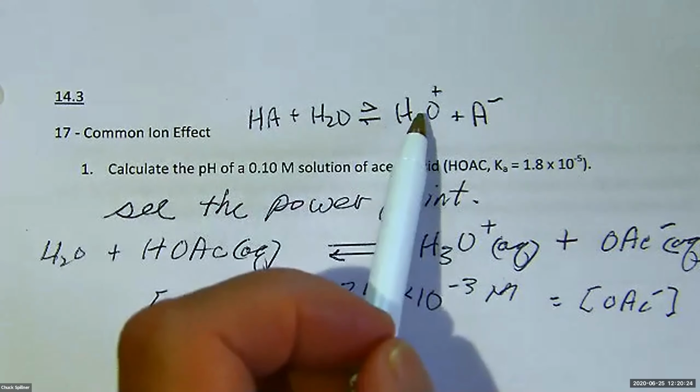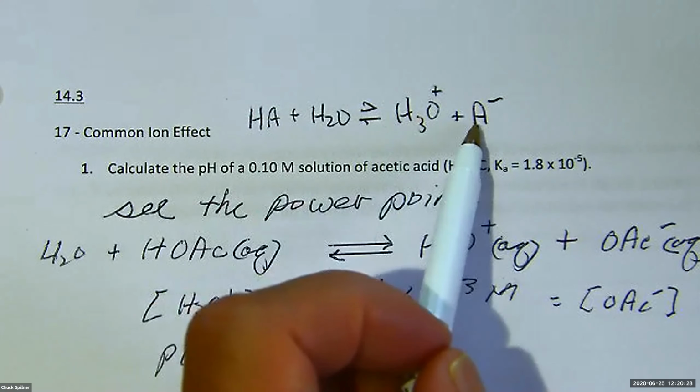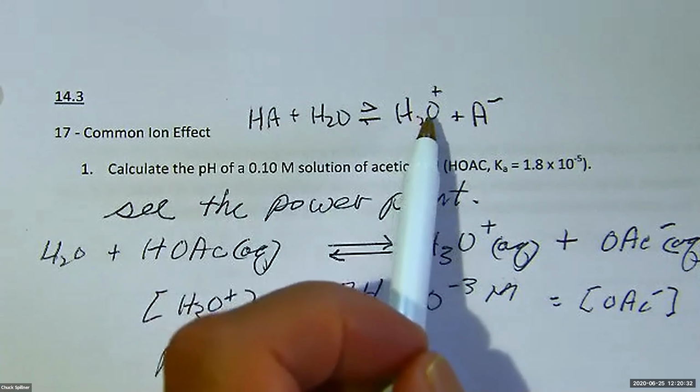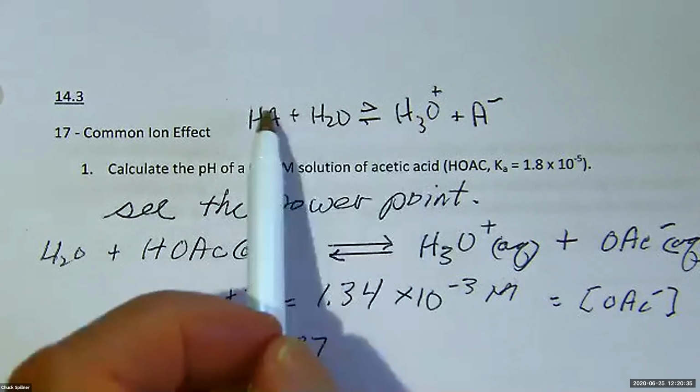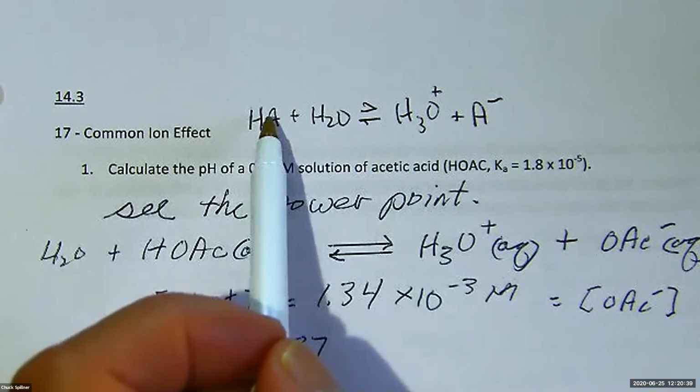So if we add a little acid to this equilibrium, that means the anion is going to go down. The acid is going to go up, so it'll be a little stronger, but this will definitely go down, and this will go up.